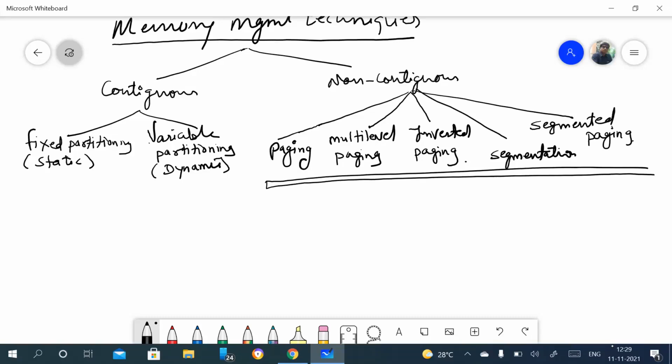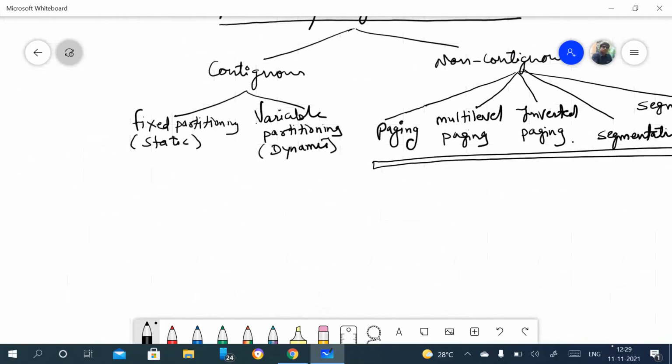These are the important ones, but the contiguous ones are old techniques. Fixed partitioning was used in the very early period, like in the 1960s or so.